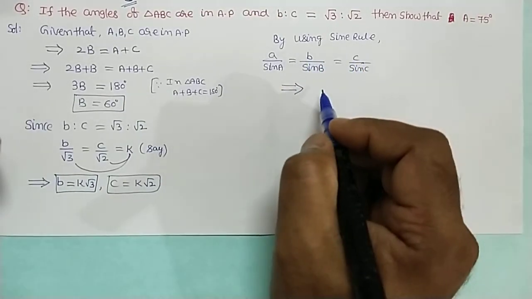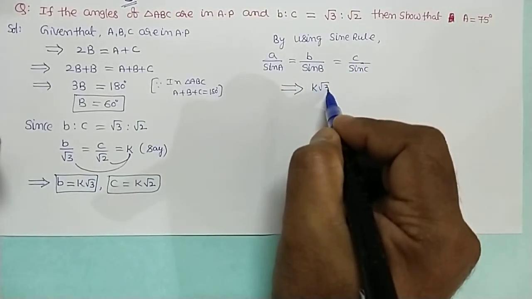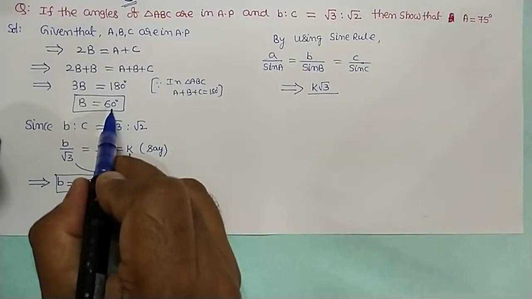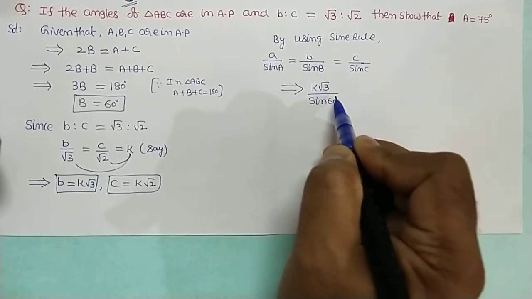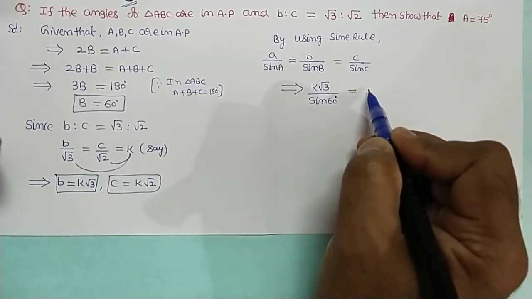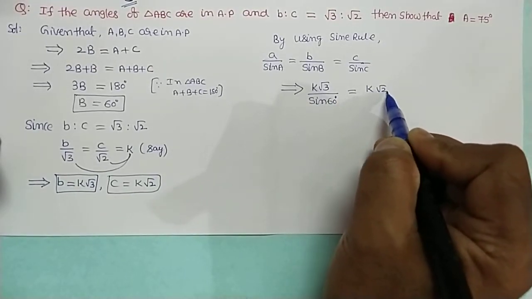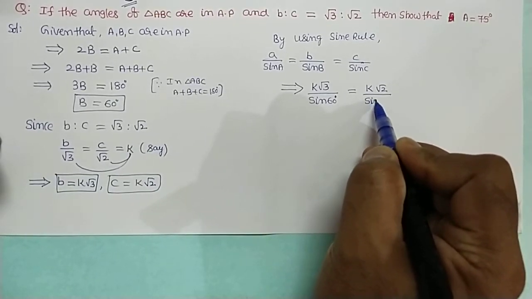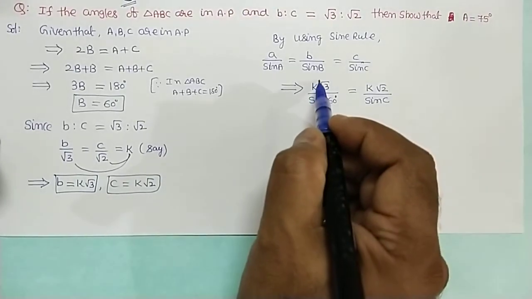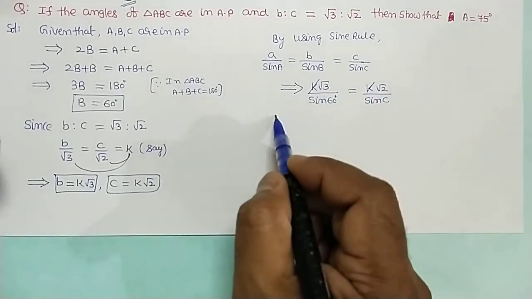In place of b, substitute k root 3 divided by sine 60, since we got B as 60, equal to small c, which is k root 2 divided by sine C. We don't know the C value. On both sides k gets cancelled.